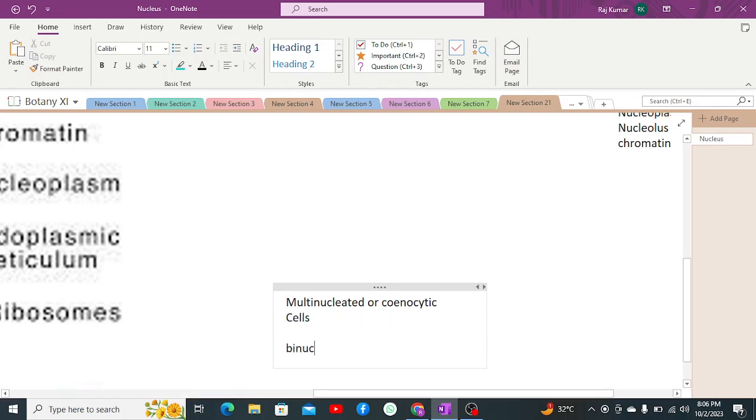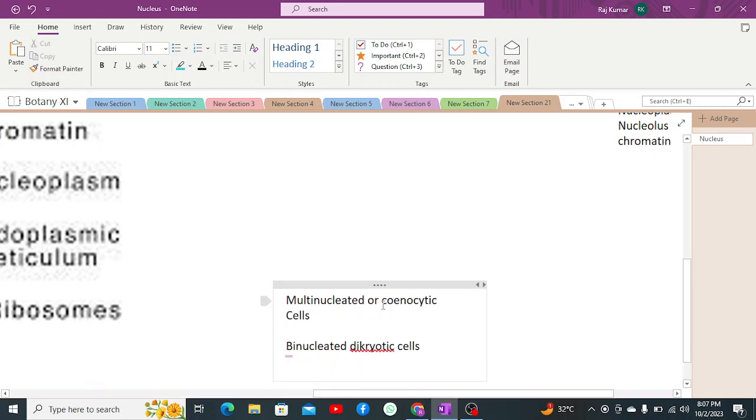Secondly, some cells are binucleated, which are known as binucleated or dikaryotic cells.